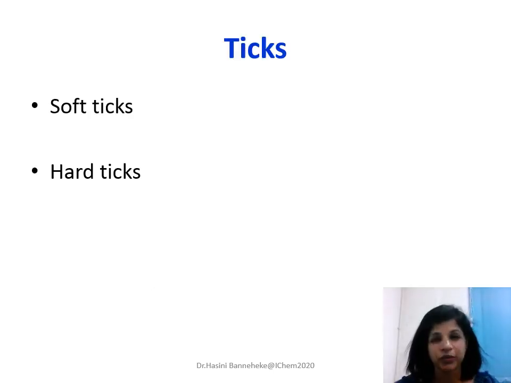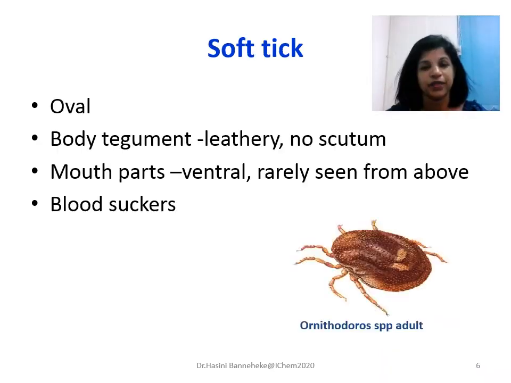So let's move on to the types of ticks that we are interested in in terms of medical importance. We start with soft ticks and hard ticks. Soft ticks are oval in appearance. They have a body tegument which is like a leather sheet, and there is no scutum. Scutum is a hardened structure which is present in hard ticks and absent in soft ticks.